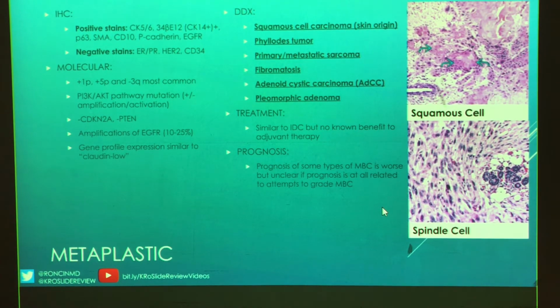If you have one case of metaplastic breast carcinoma, but you have 1 million cases of invasive ductal, you can trust the numbers that you're getting for the invasive ductal. I wouldn't trust the number off of one case of metaplastic breast carcinoma.